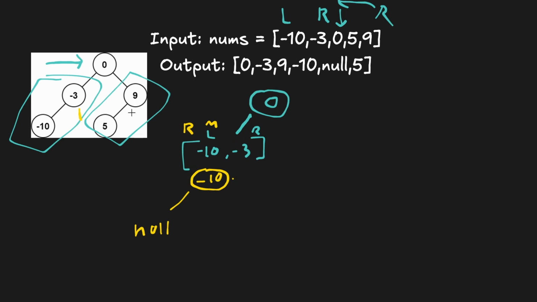Cool. Now we can actually go back to this array where we had our m, and instead of working on the left side, we can work on the right side. So now L needs to be where m plus 1 is, which will be where this right pointer is.